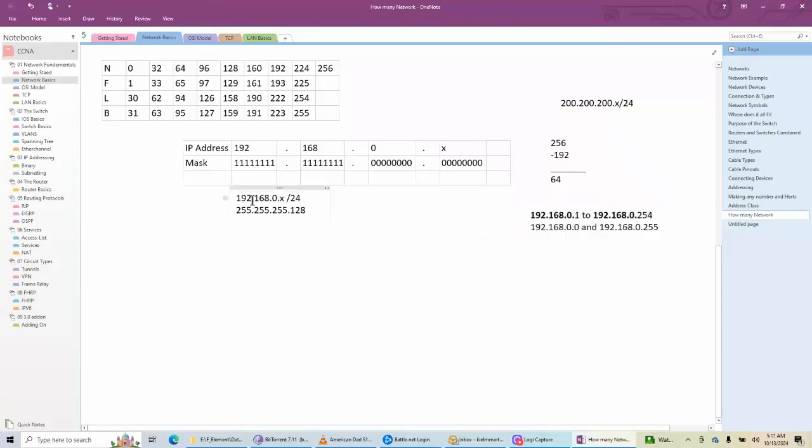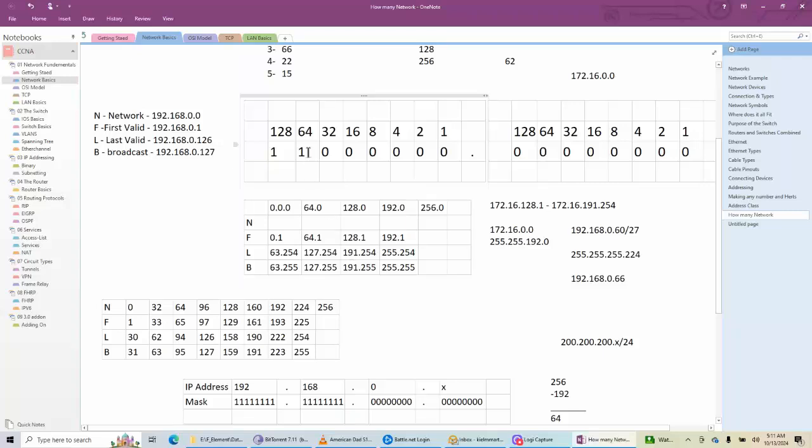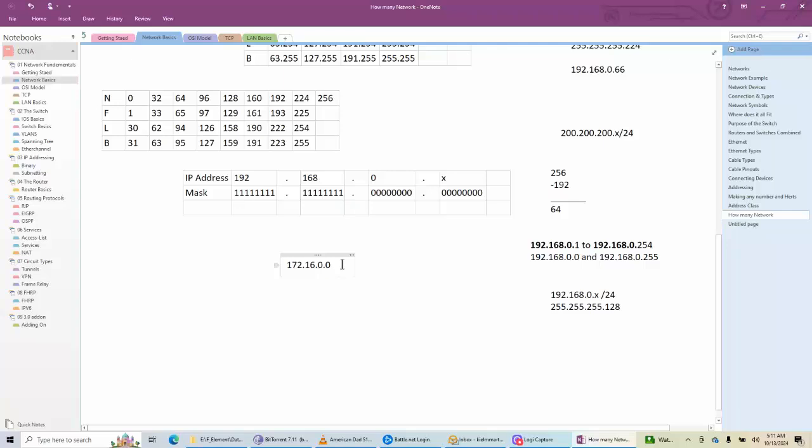So we're going to start off with a 172.16.0.0 network. Now we're going to borrow bits up to the 64th, which is going to be a 192 network mask.